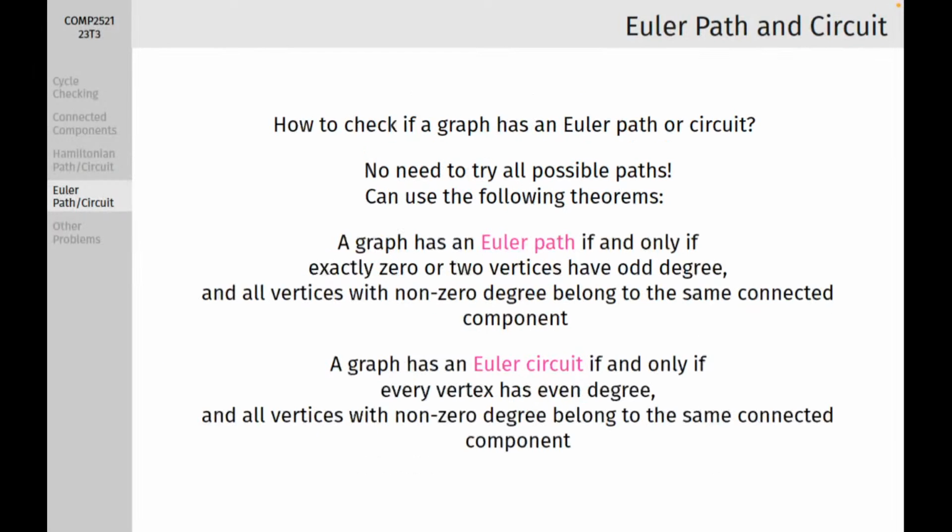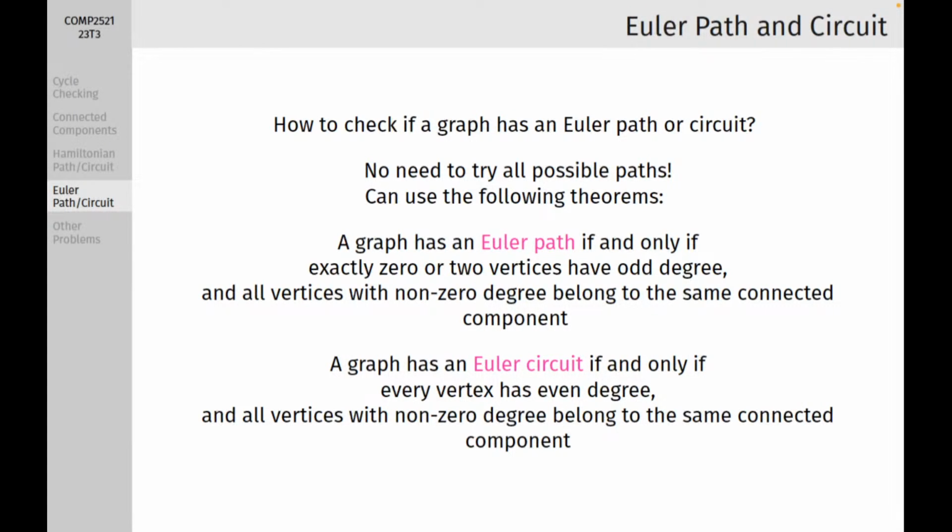Right, so how do we check if a graph has an Euler path or an Euler circuit? Right, well, one possible way to do it is to brute force, right, to check all possible paths. But that's going to be really inefficient, right? It might be even more inefficient than the Hamiltonian path problem because you have to check all possible combinations of edges, right?